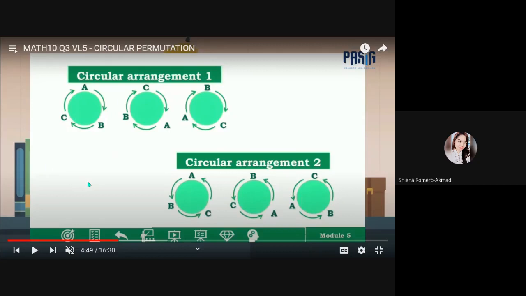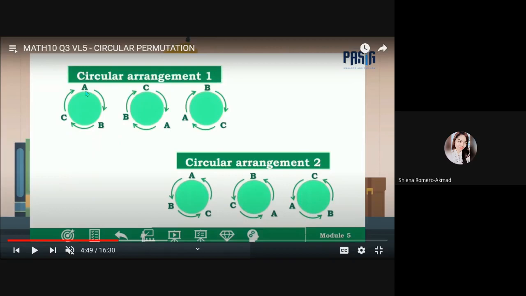Kung tatlo sila, dahil si A ang starting point, si A ang hindi magbabago ang pwesto. Dahil hindi magbabago yung pwesto niya, ang magbabago lang ang pwesto ay si B at si C, silang dalawa lang ang kukunin natin ng permutation. Gets?